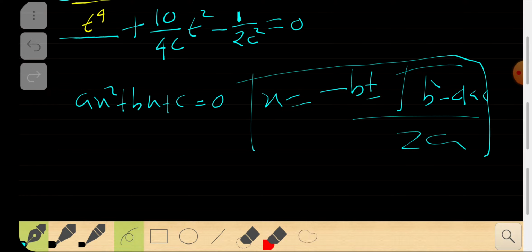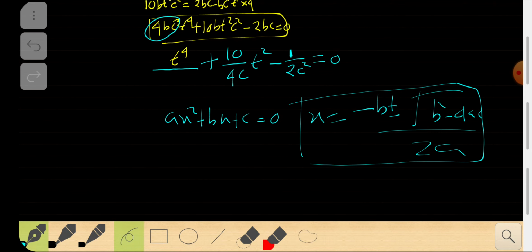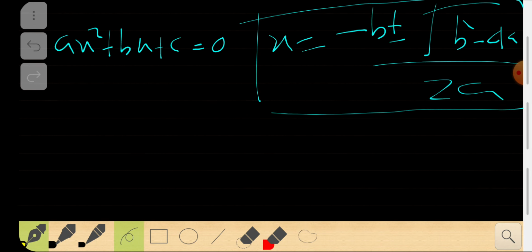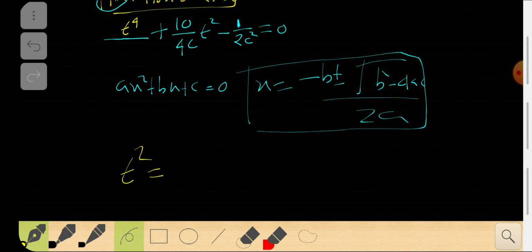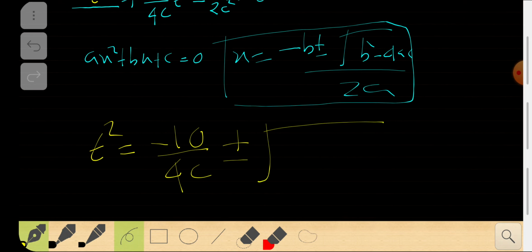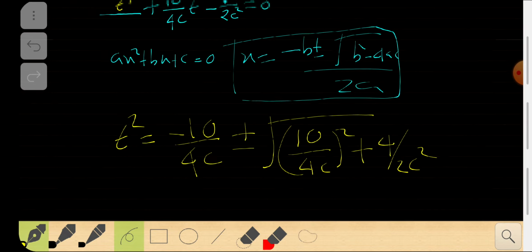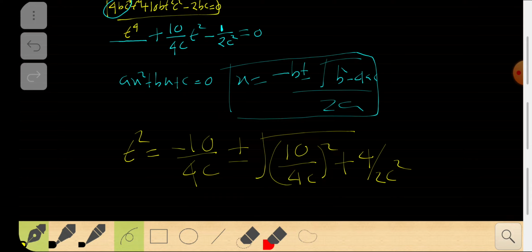So you have seen this so many times. Let's use this here. This is an equation of t raised to 4. Now let's find out t square. So t square will be equal to minus b, which is minus 10 by 4c, plus or minus the square root of b square, which is 10 by 4c the whole square, plus 4ac, which is 4 times 2c square, that's c.